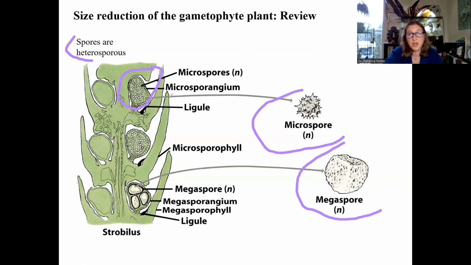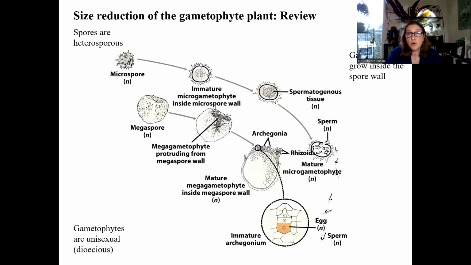So some sporangia only make microspores. We call them microsporangia. Some sporangia only make megaspores. We call them megasporangia, right? Heterospory. If your spores are of two different types, each type of spore grows to make its own gametophyte plant.